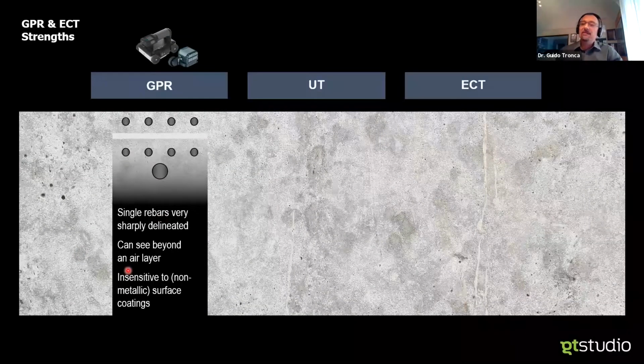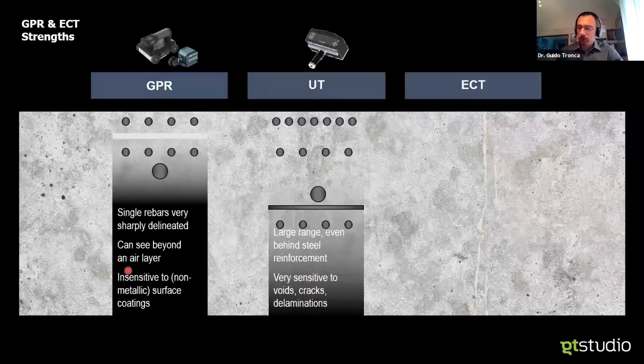than that. Well, if I play with ultrasound, we saw that its kind of energy, ultrasonic waves, tend to pass through steel. So it won't be as sharp on steel, but it will allow my examination to even go further, even through dense rebar arrangement.